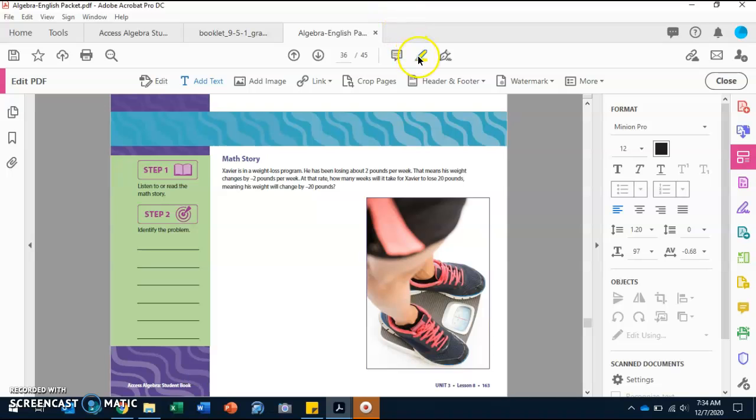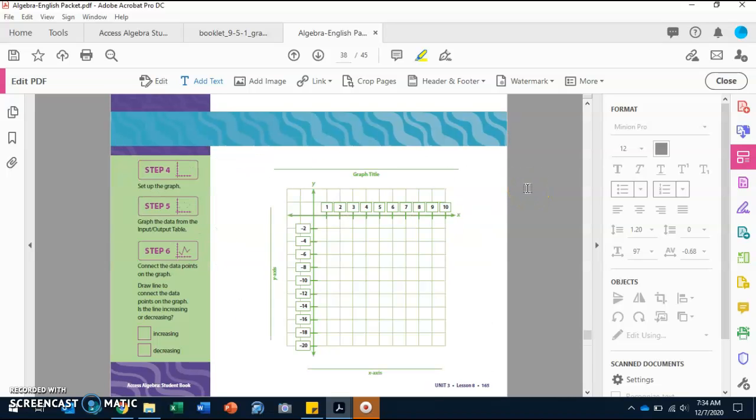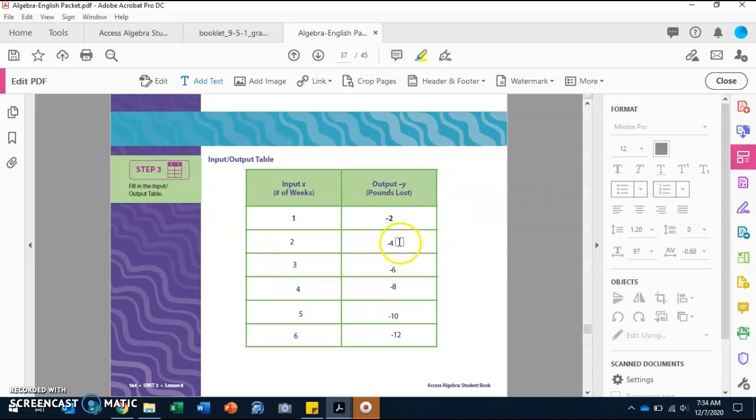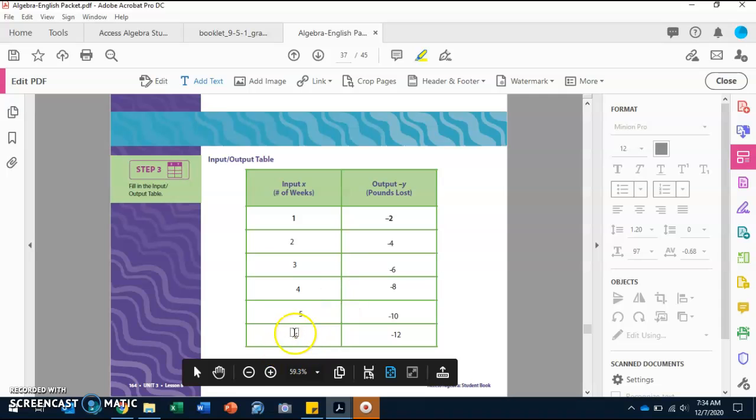So if we go back here to the question, I want you all to highlight this. How many weeks will it take for Xavier to lose 20 pounds, guys? Which means that it should look like this when we do the weeks. So if we go down, here we were at week 6 and he was still not at -20. He was at -12.